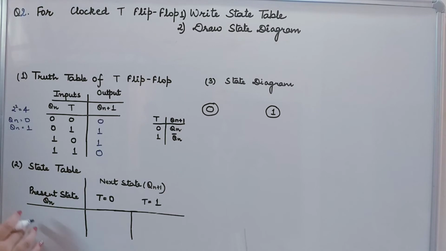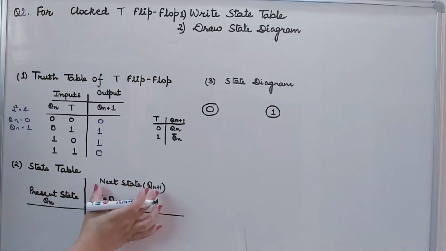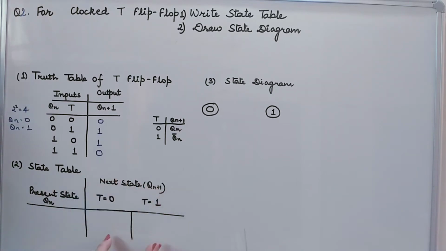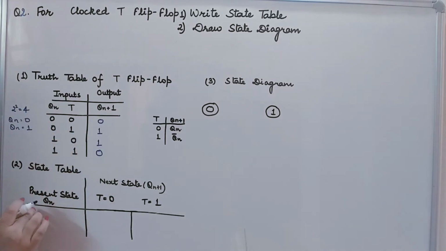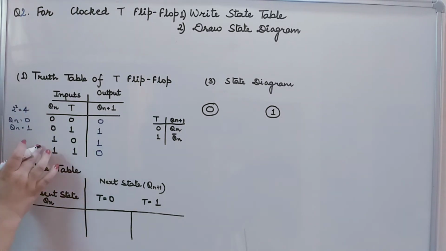Now from the truth table, we will be writing down the state table. This is a general construction. The present state, I will be writing down what is the next state for T equal to 0 or T equal to 1. T is what? T is my external input here. Now from here I can see my present state either has a value of 0 or 1. There is no other value it can take.